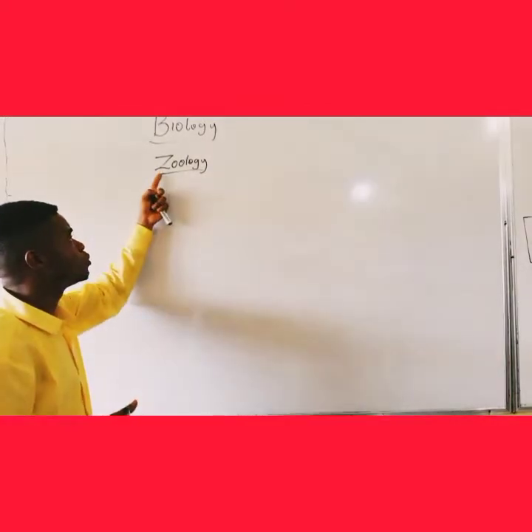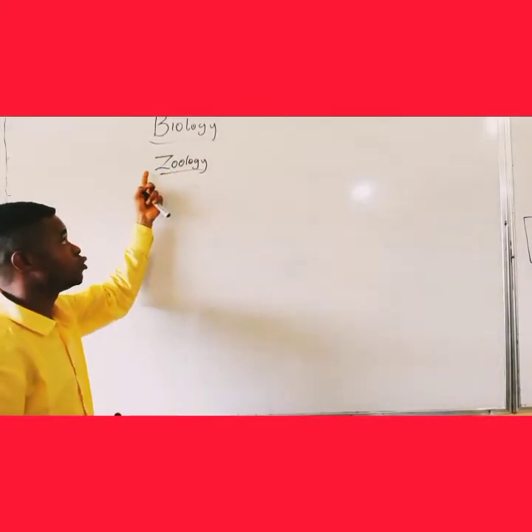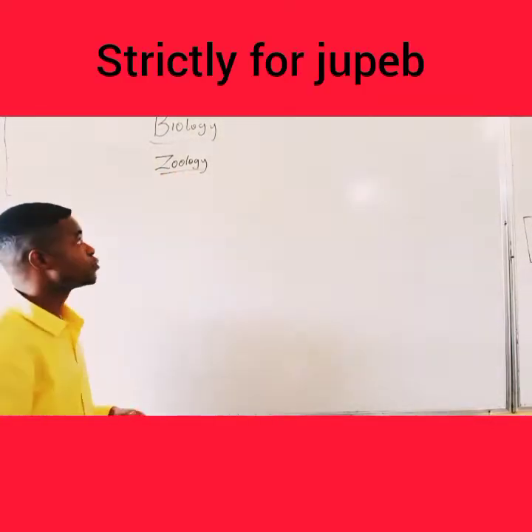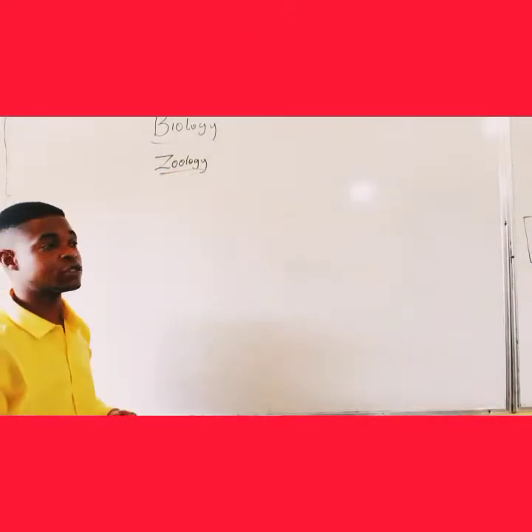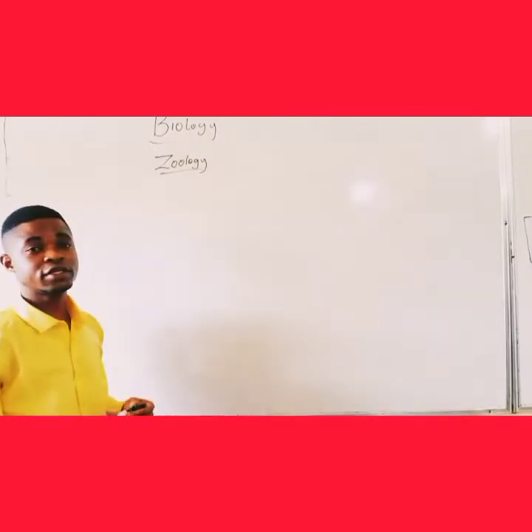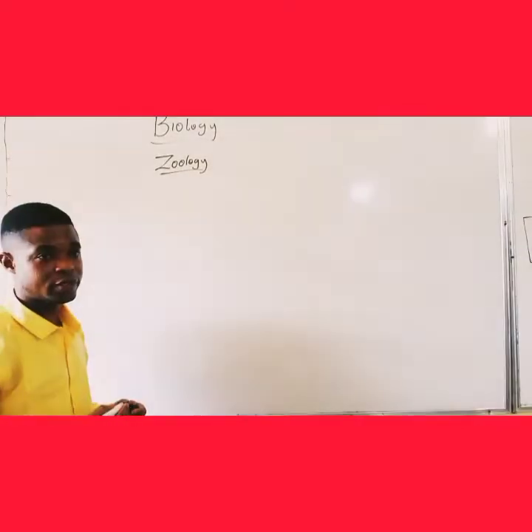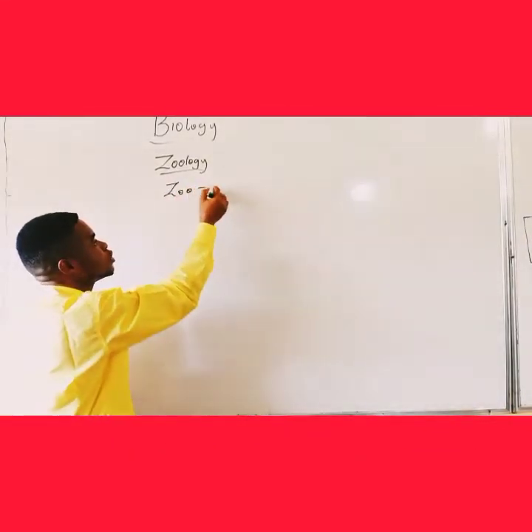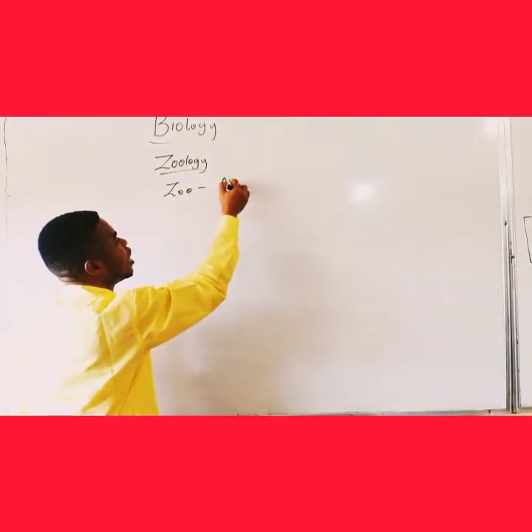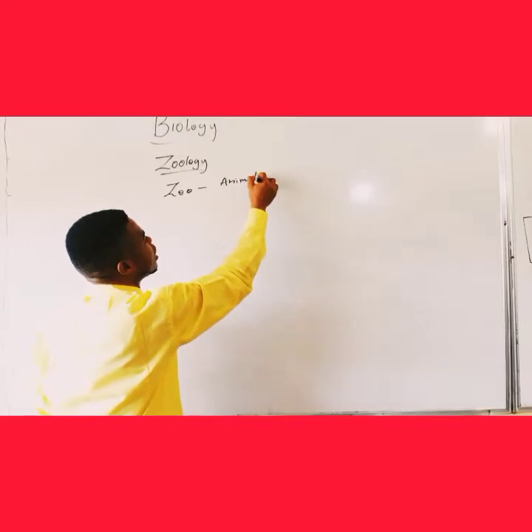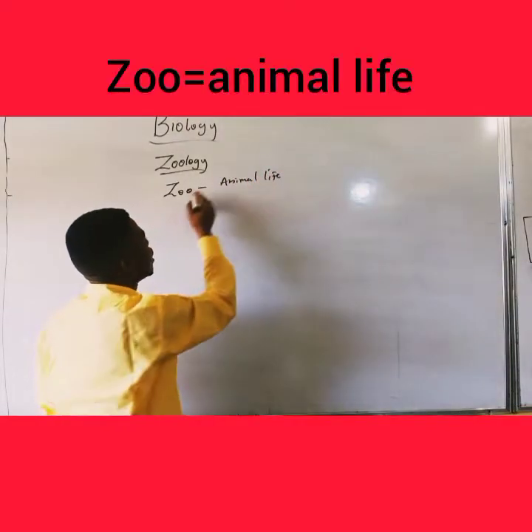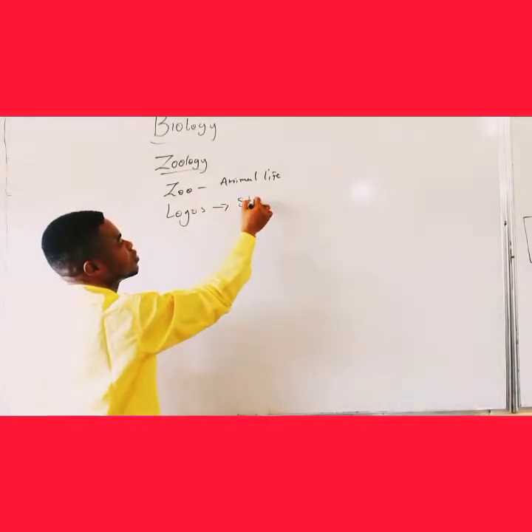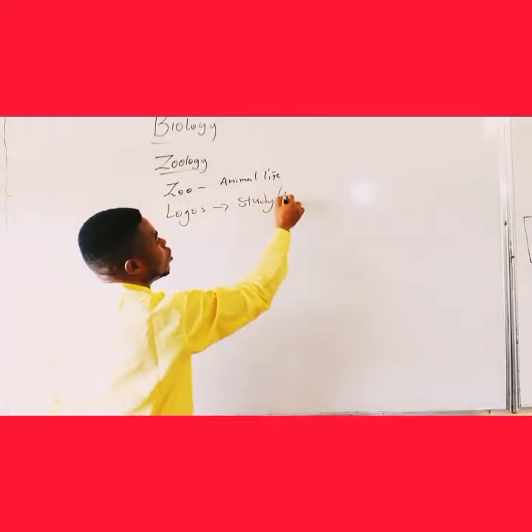Now we're talking about prep biology, the aspect of zoology. First of all, what is zoology? Zoology was coined from two Greek words: zoo, which means animal life, and logos, which means study or knowledge.